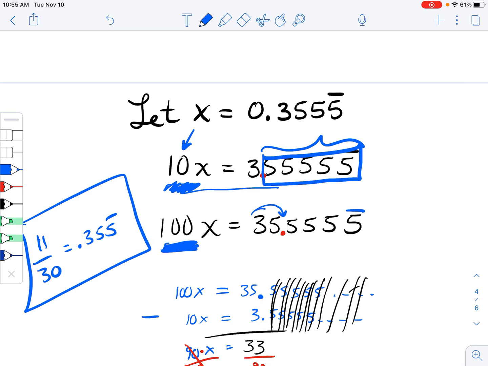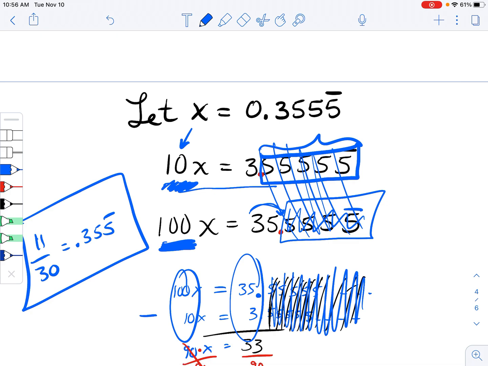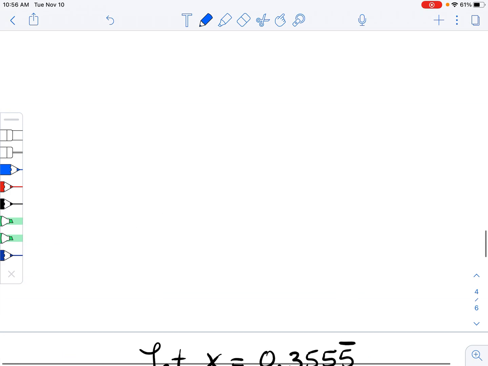Notice I went past 3 and then through one of the repeating cycles, and in this case a repeating cycle was a 5. And so again, I have a different number, but still with the repeating decimal isolated on the other side of the decimal. That allows me to line up the decimal points and cancel like I did right here. And then I subtract these, and I do my division.